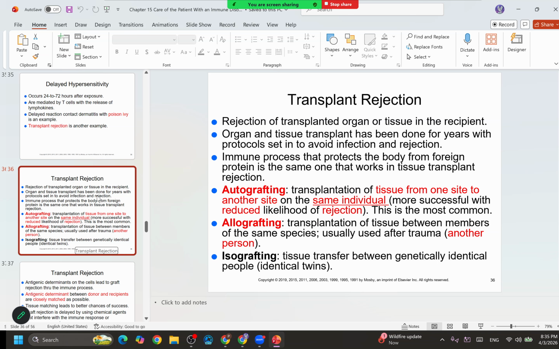So usually there is no rejection. It's the same DNA, the same, just different tissue. So the grafting is usually over 90%, 95% successful, not having lots of complications, not even some kind of rejection.